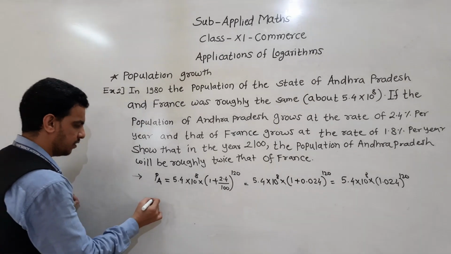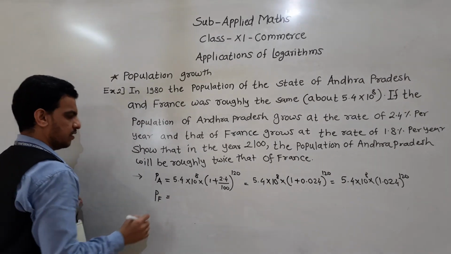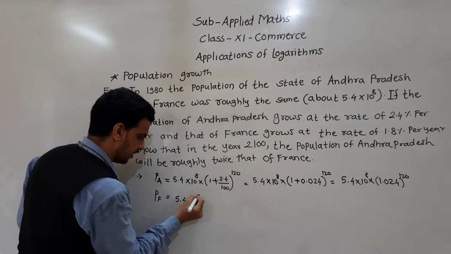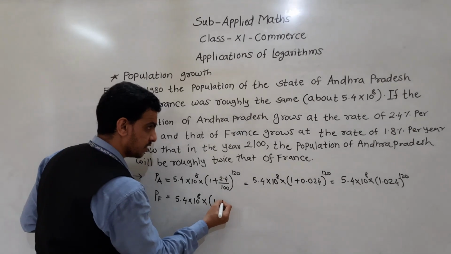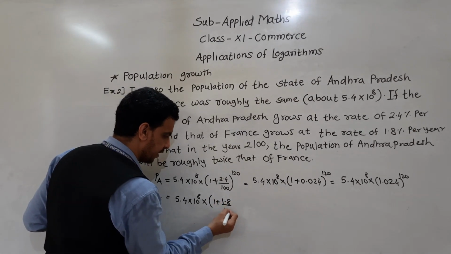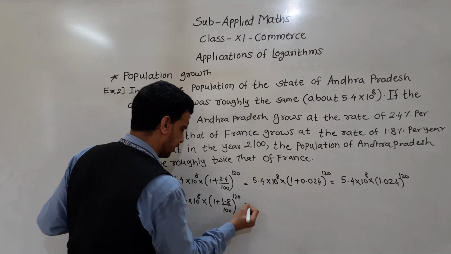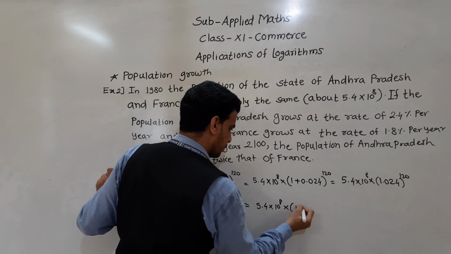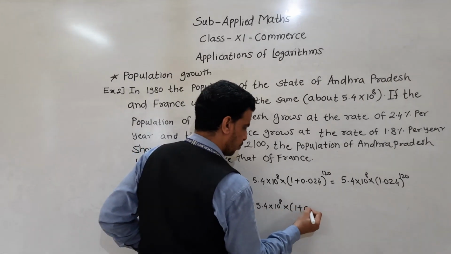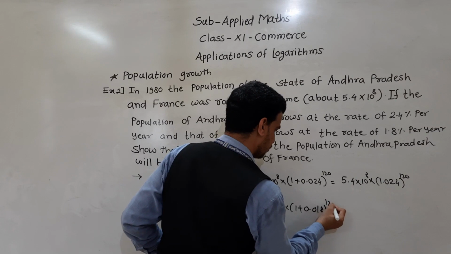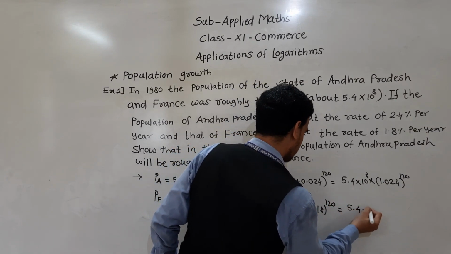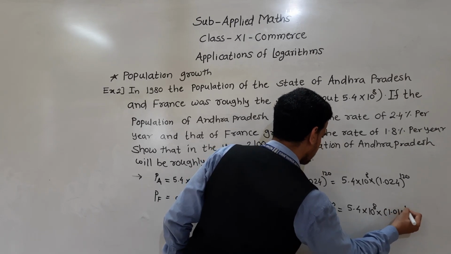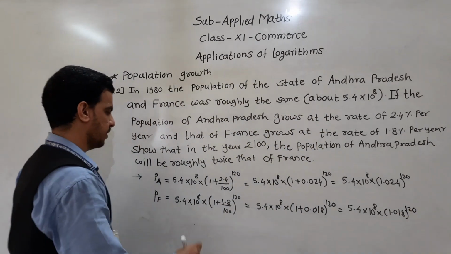Similarly, if we find the population of France in 2100, it is 5.4 into 10 raised to 8 into (1 plus the rate given, 1.8 by 100) raised to 120. So 5.4 into 10 raised to 8, 1 plus 0.018 raised to 120, so 5.4 into 10 raised to 8 into 1.018 raised to 120.